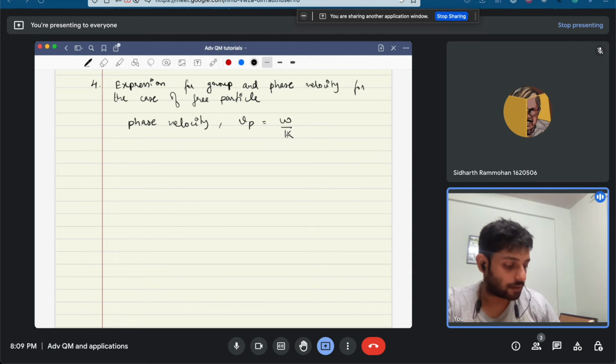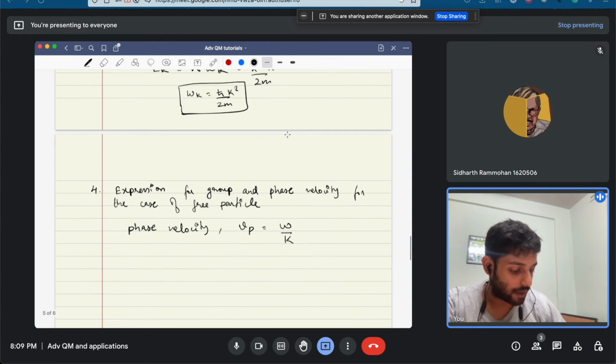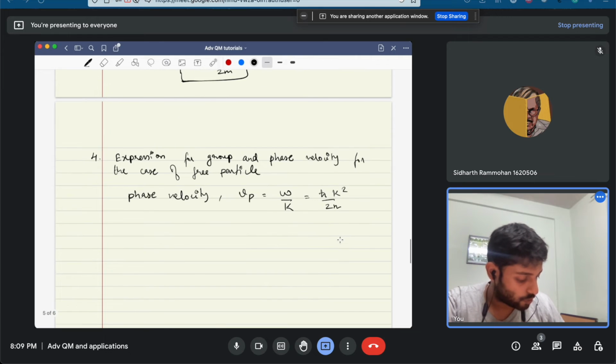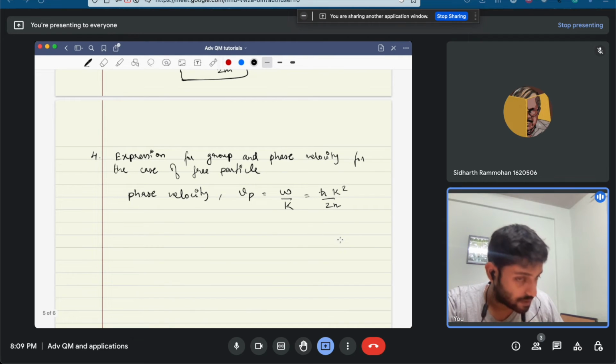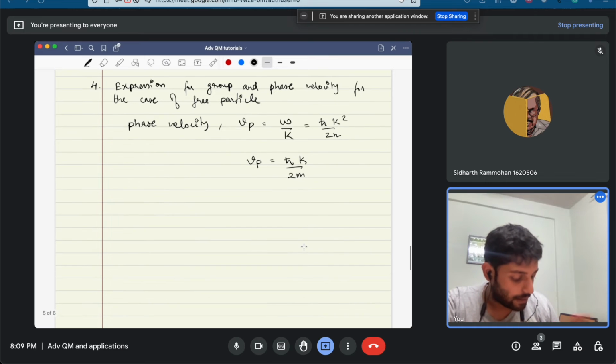Now for the free particle, we just derived that omega was h bar k square by 2m. So the phase velocity that we get here is essentially h bar k by 2m. And the group velocity is defined as d omega by dk.